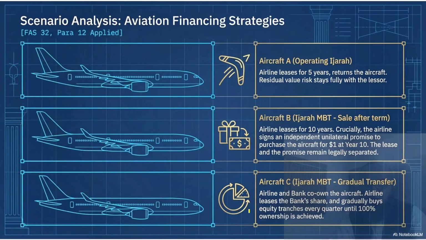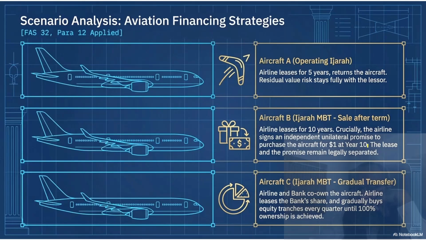Moving forward, there is an example of an operating lease: an airline leases for 5 years and returns the aircraft, and the lessor bears residual value risk always. So this is the operating lease, the first one. The second one: an airline leases for 10 years. Crucially, the airline signs an independent unilateral promise to purchase the aircraft for $1 at year 10. So this is usually not on the part of the airline. It is usually on the part of the leasing institution.